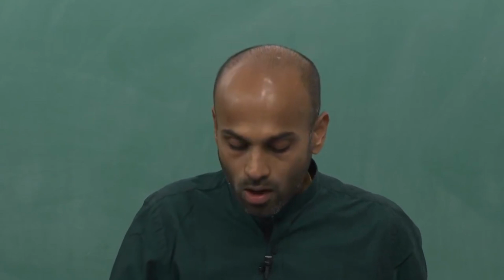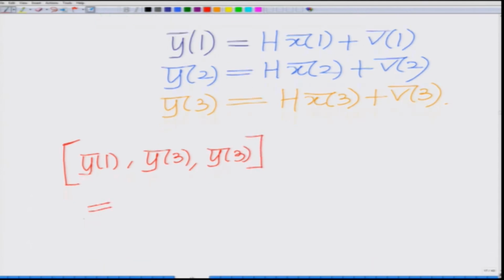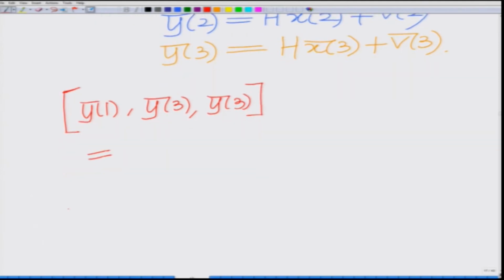Okay. And now what we did yesterday was we concatenated these received vectors, that is y bar 1, y bar 2, y bar 3. Naturally, once you concatenate the outputs, the inputs are also concatenated. Each vector is r dimensional and you are putting n vectors to the side.